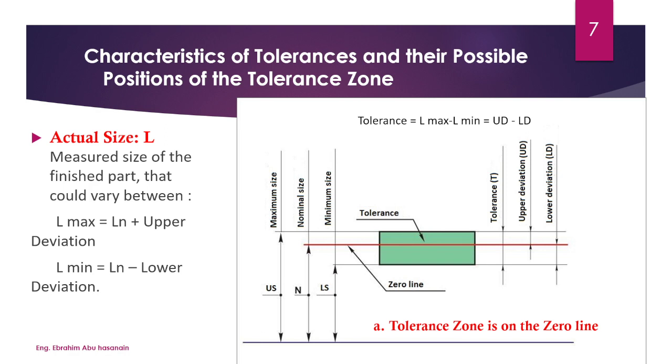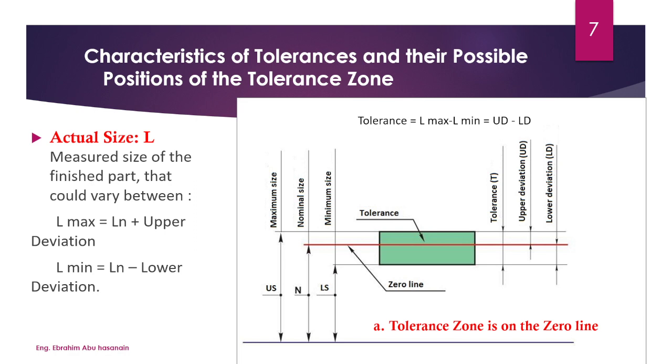Actual size is what we measure on our part after production, and it could vary between L max and L minimum that are allowed according to the grade that we selected.